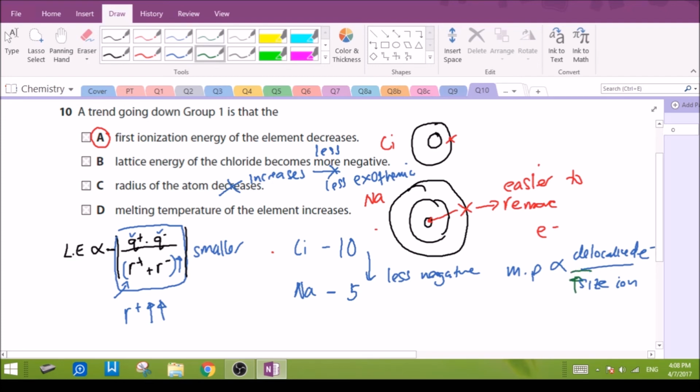Right, because the denominator is increasing, it means that as you go down the group, the melting point decreases. So option D is wrong, because the melting point should be decreasing down the group. Right? Size of ions increase, that's indirectly proportional to the melting point.